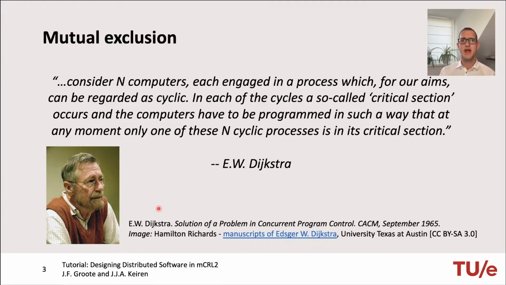And the aim of a mutual exclusion algorithm is now to guarantee that only one of the processes is in its critical section at the same time. The examples that we will use in this tutorial are all such that only two processes compete for access to the critical section.